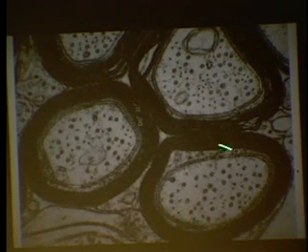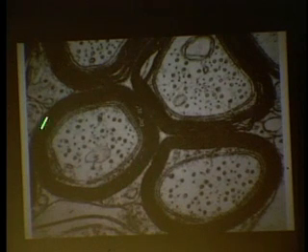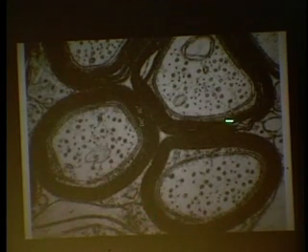So what makes layers around the nerve fibers? What is it? No. Pardon? No. Myelin. These are the concentric rings of myelin.